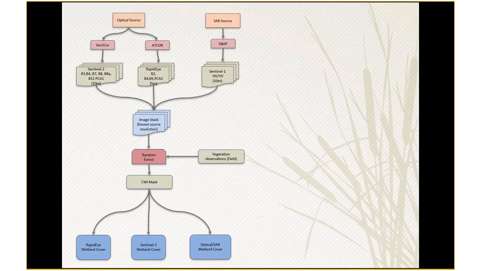What does the process look like? Basically, taking both the optical sources, through Sen2Cor, which is ESA's standalone atmospheric correction program, we processed all the Sentinel imagery with that.